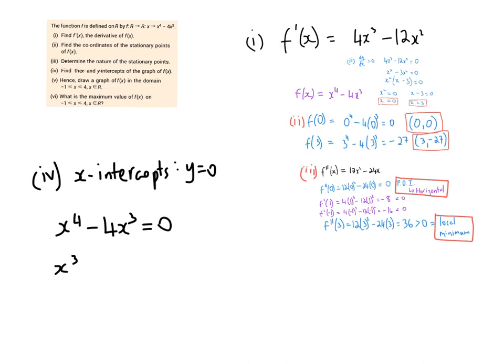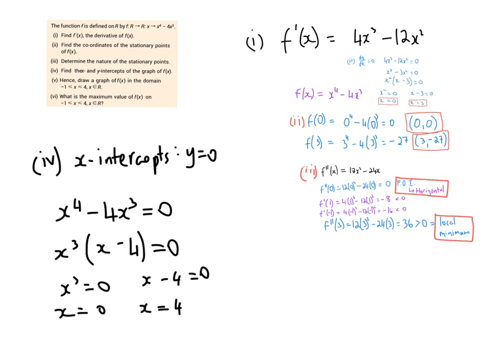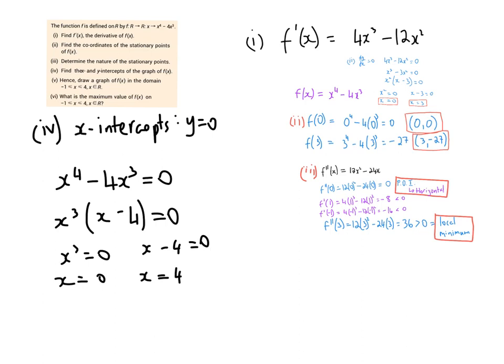So factorising out our x cubed, we have x cubed times (x minus 4) equal to 0, which means x cubed equal to 0, so x is equal to 0, and x minus 4 equal to 0, which is x equal to 4. So those are 2 points. We have the point (0, 0), which we already know is our horizontal point of inflection, and we also have the point (4, 0).